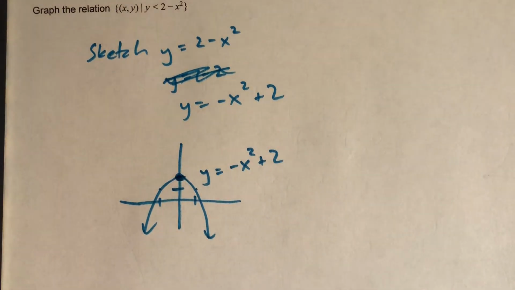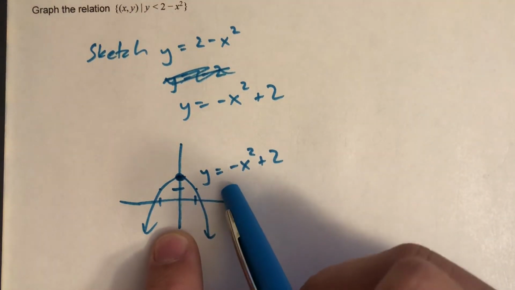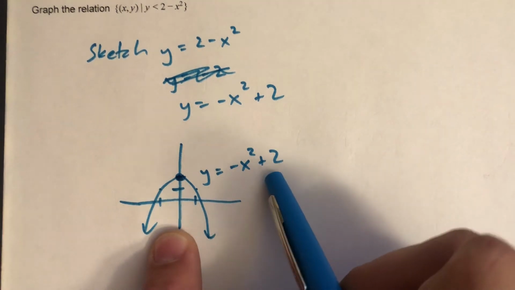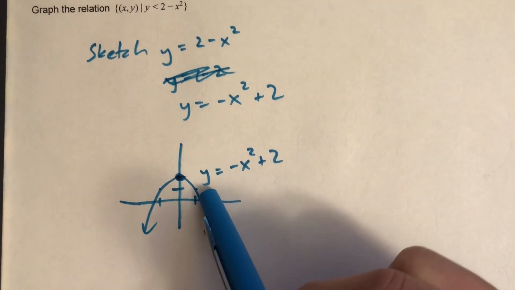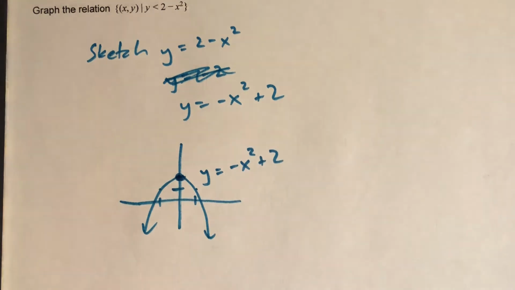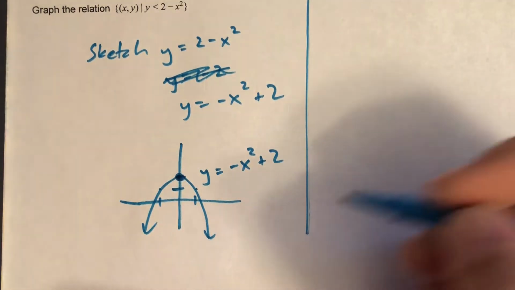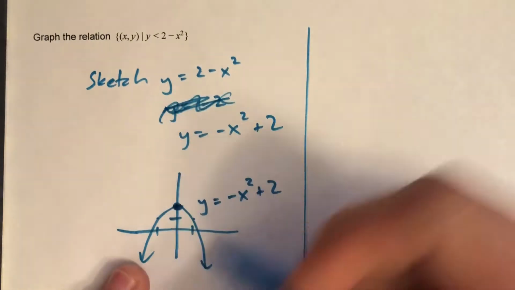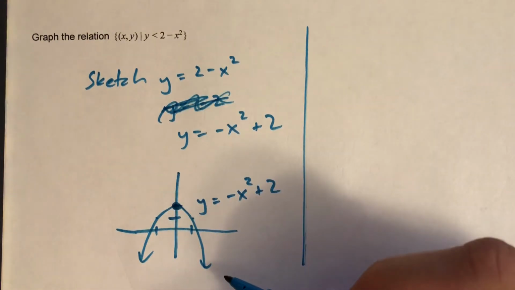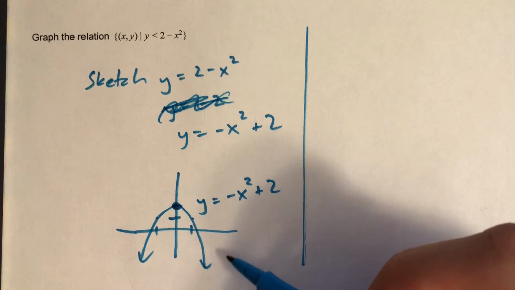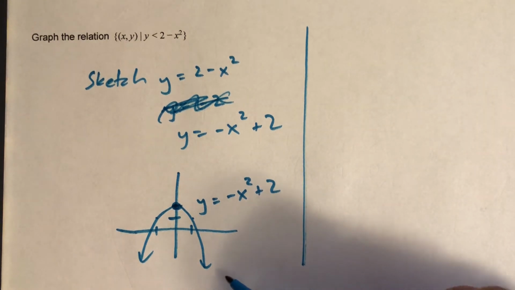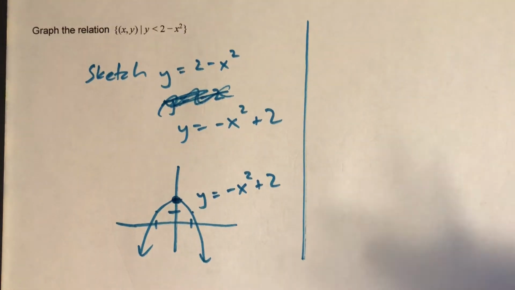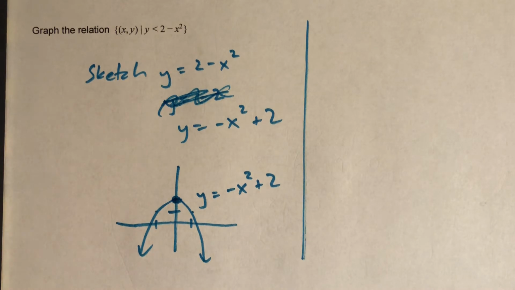Okay, well, we're not asked to find where the y values are equal to this number. We're asked to find where the y values are less than this number. We already knew how to draw where it's equal, but we want to draw where the y value is less. So we know what less means graphically.